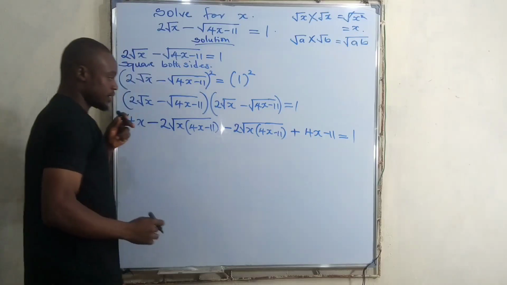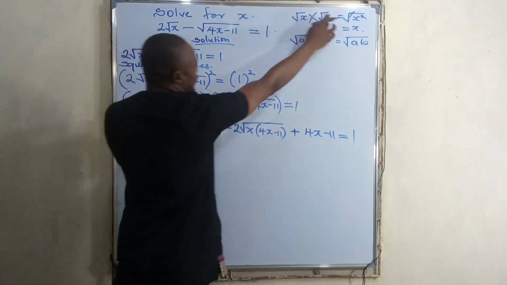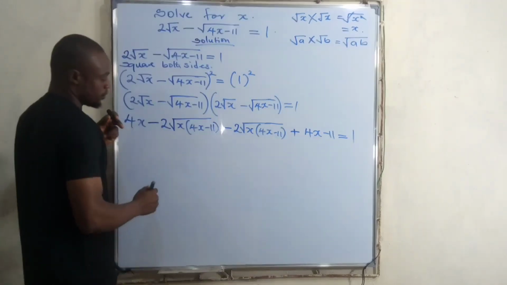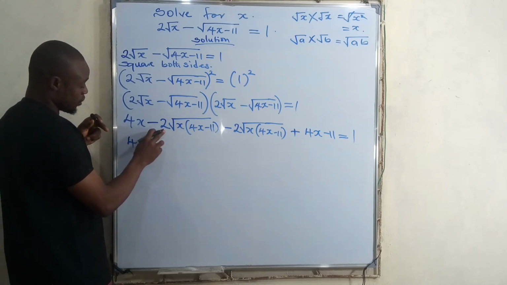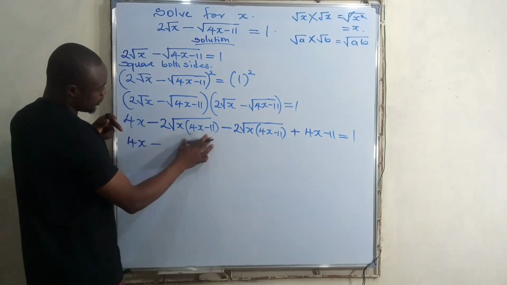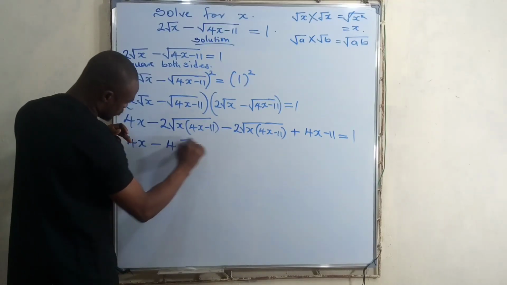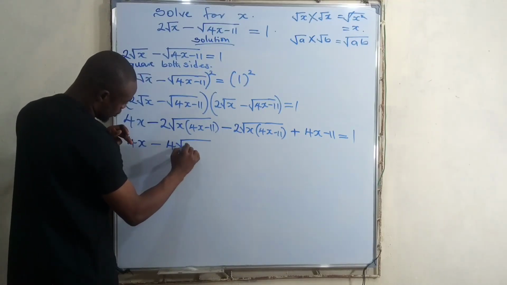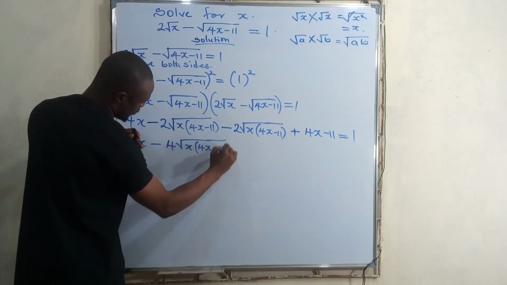All right, so the equation is now reduced. So the equation is now reduced to 4x minus, so minus 2 there and minus 2 there gives us minus 4 root x open bracket 4x minus 11.